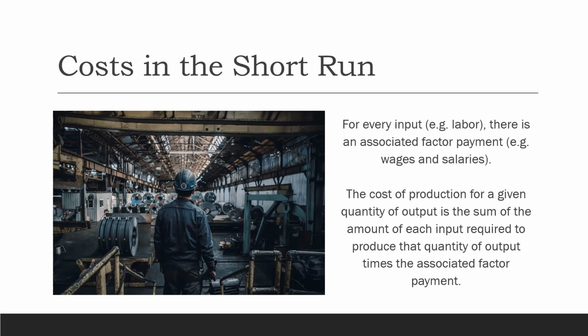So, cost in the short run: for every input, let's say labor, there is an associated factor payment, for example wages and salaries, right? The cost of production for a given quantity of output is the sum of the amount of each input required to produce that quantity of output times the associated factor payment.